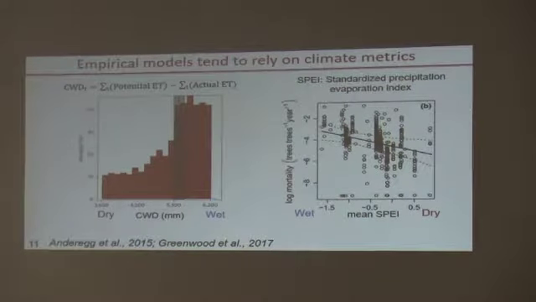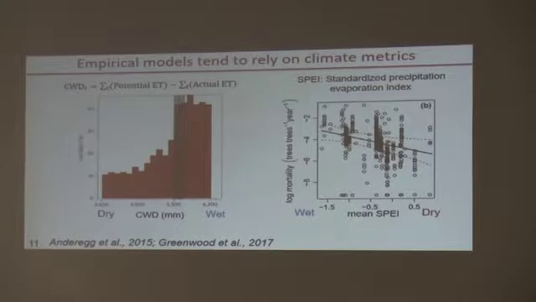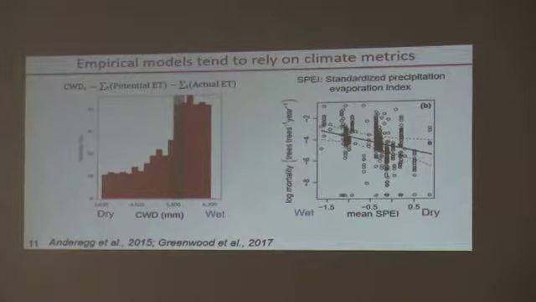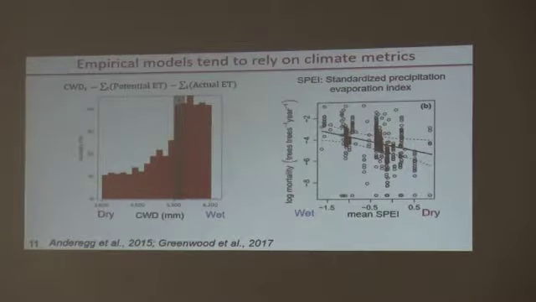So you have this manifold of different climate drivers, many of them, as you see here, with no offense to this particular study, as noisy as these, and ultimately they're all climate metrics, so they're not going to take into account the fact that different plants respond differently to water stress, and that perhaps depending on where you are, a certain climate might translate to differences in soil water availability as well.